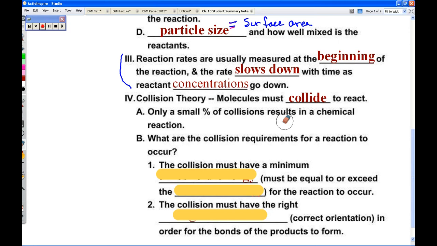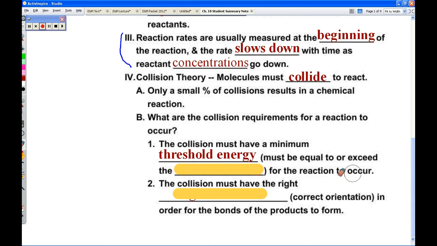They'll bump into each other, but only if it's just right. Does it actually work? The collision must have a minimum threshold energy, and it must be equal to or exceed what's called the activation energy for the reaction to occur.